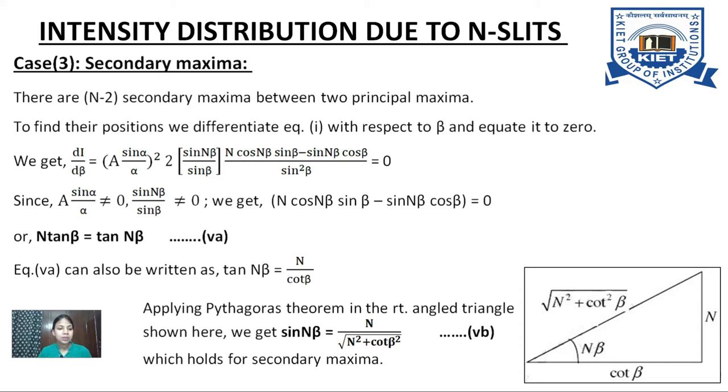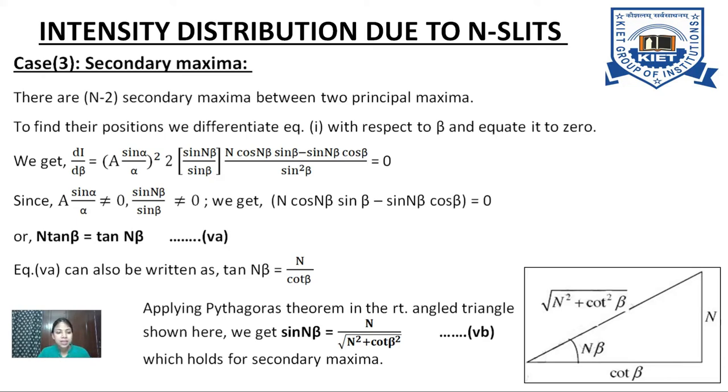Now we all know that (sin α/α) cannot be 0, sin Nβ/sin β cannot be 0. So the remaining term, that is N cos Nβ sin β minus sin Nβ cos β is 0. If we solve this, we get N tan β is equal to tan Nβ. Now this can be written as tan Nβ is equal to N/cot β.